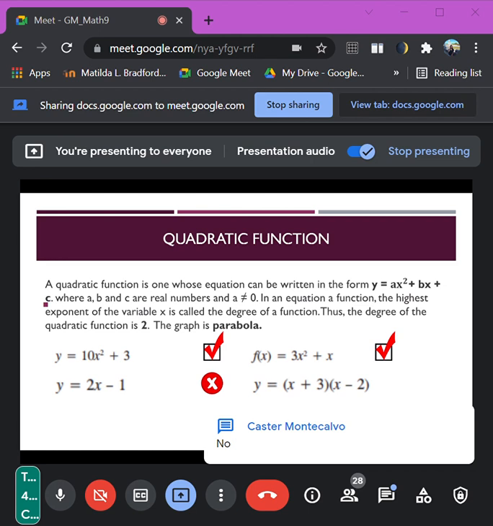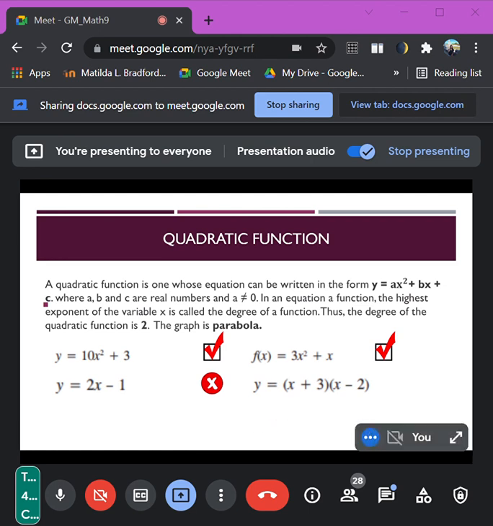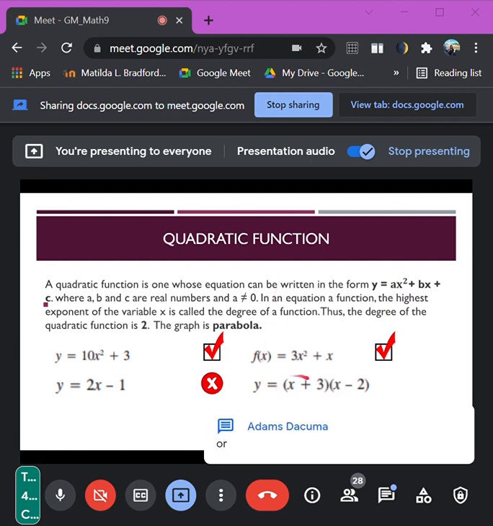Okay, you can still simplify this one, right? We can do the FOIL method. So, the answer there is yes.